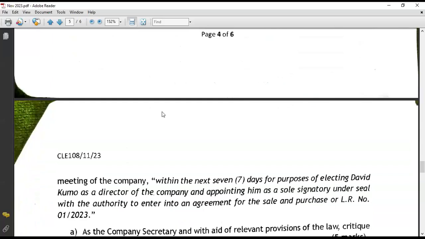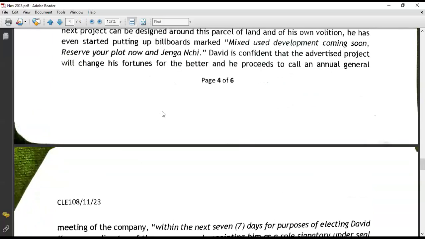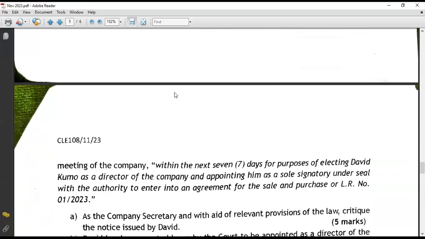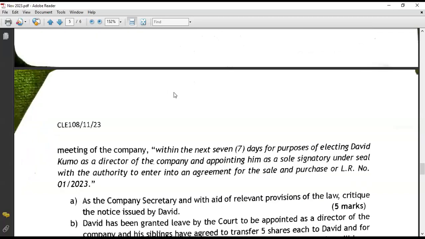Even if, let's presume that David has not been declared bankrupt, what is the other thing? The other thing is the notice of calling an annual general meeting.